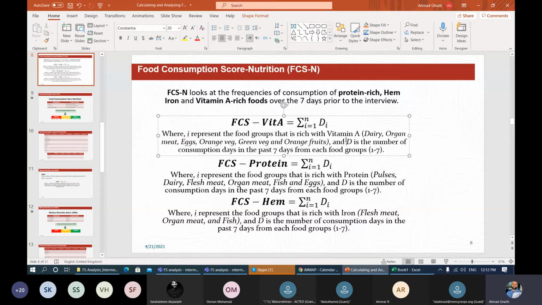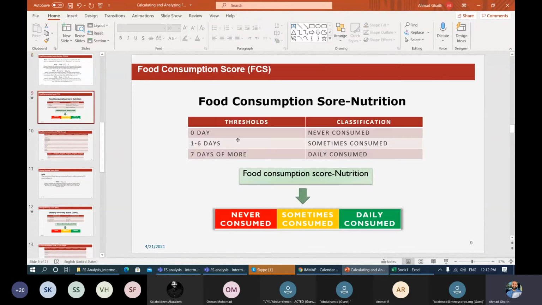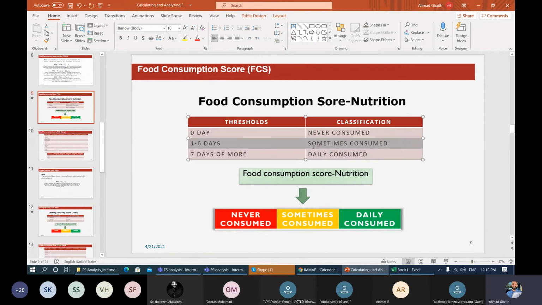You're going to have a low food consumption score, but you're also going to get 0 for these important nutrients. And that's by design. That's what we want to measure. So 0 is never consumed. Then the next group is 1 to 6 days of consumption, sometimes consumed. 7 or more is consumed daily. And that is a score that comes for each of those nutrient groups.